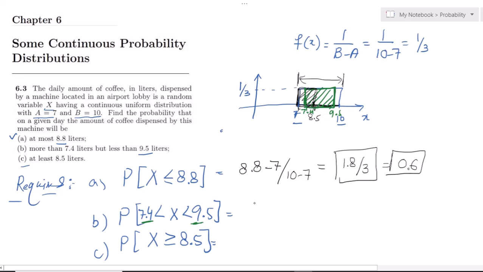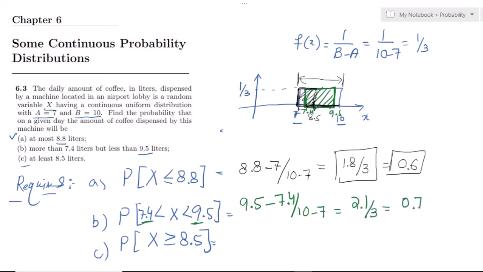So having here this area, it would be 9.5 minus 7.4 divided by again the overall, which is 10 minus 7. So it would be 2.1 divided by 3, so it would be 0.7, and that is basically the solution of part B.